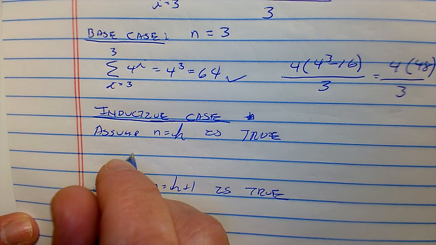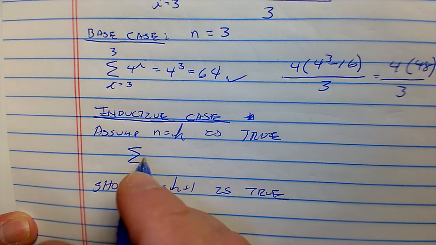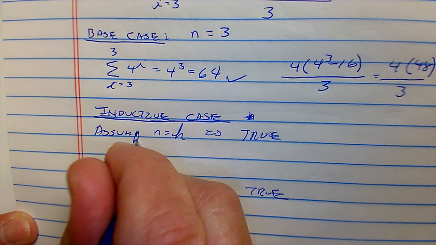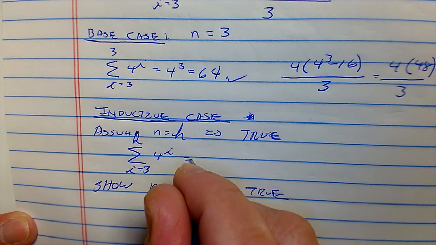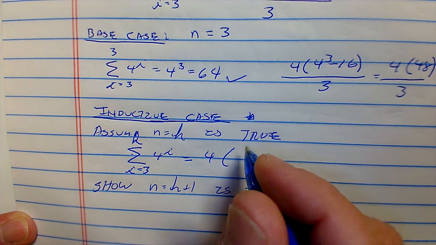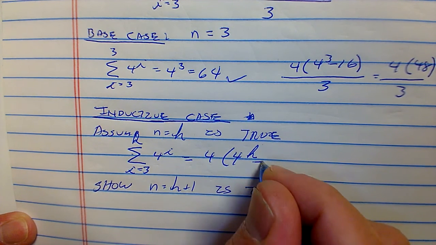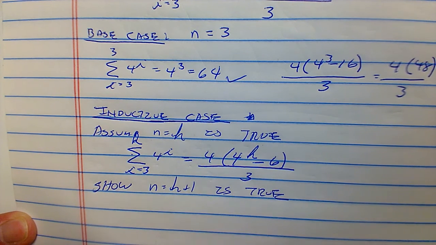Let's do it with the summation symbols at first. We're going to assume that when we start at 3 and go to k, looking at 4 to the i, that's equal to 4 times, we have to put in a k into our formula, 4 to the k minus 16 over 3.